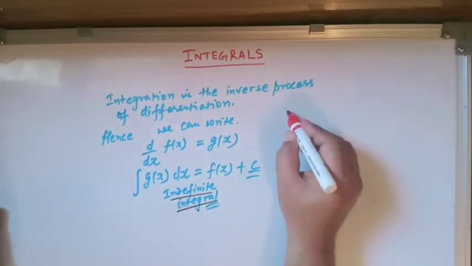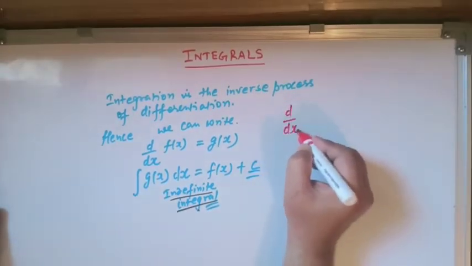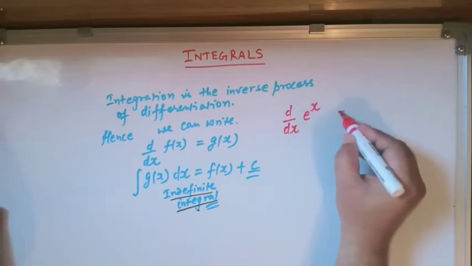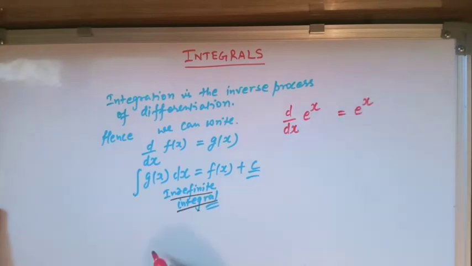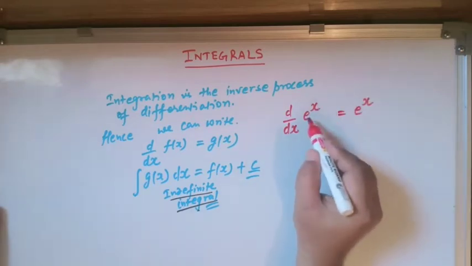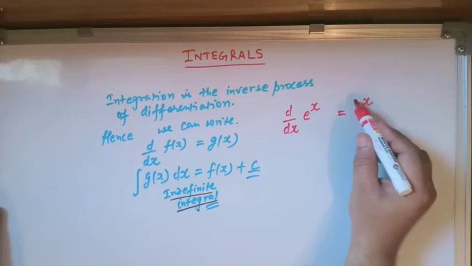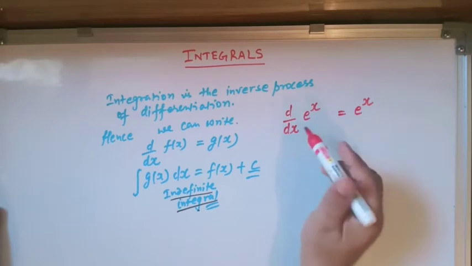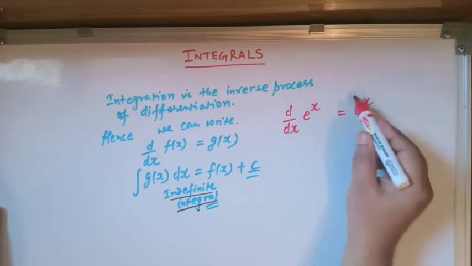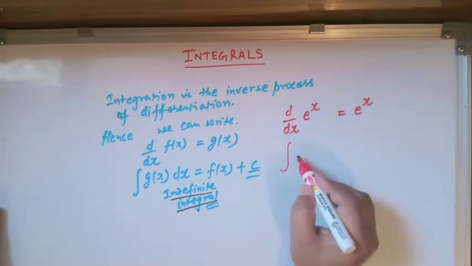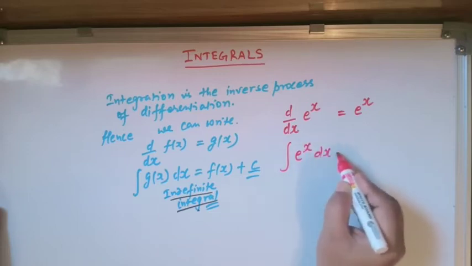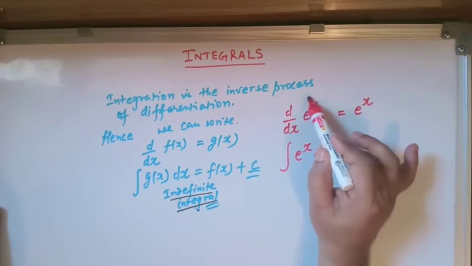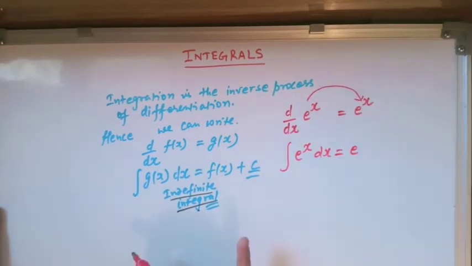Now we can write, say, d by dx of e raised to x is equal to e raised to x. The derivative of the exponential function is the exponential function itself, clear. So it means that when we differentiate, we get this function, clear.